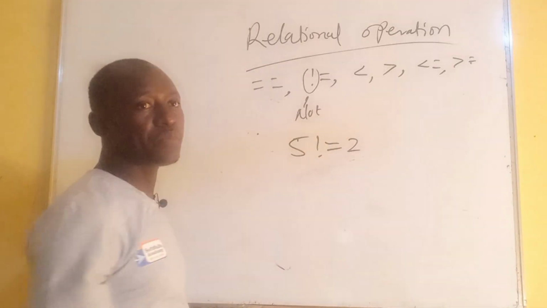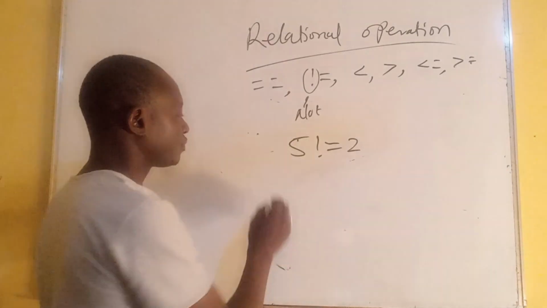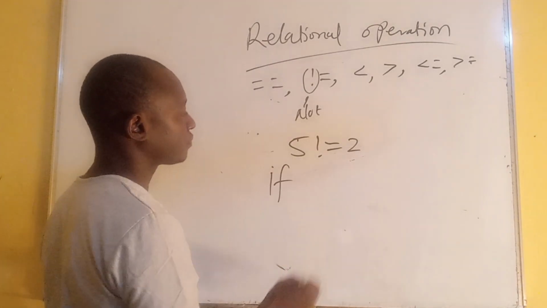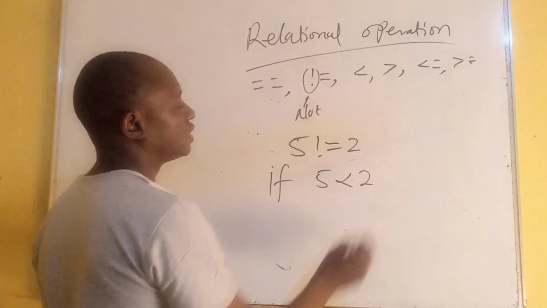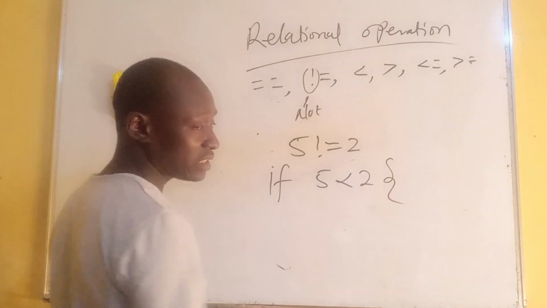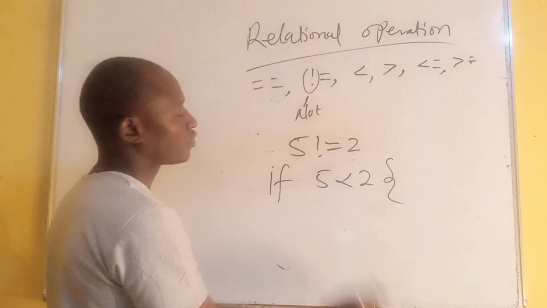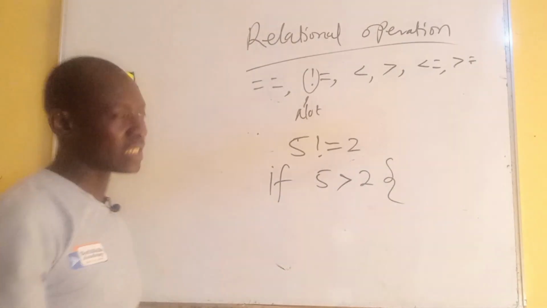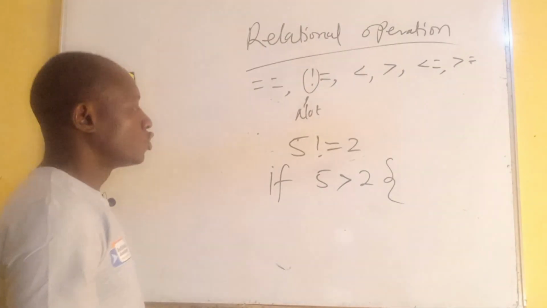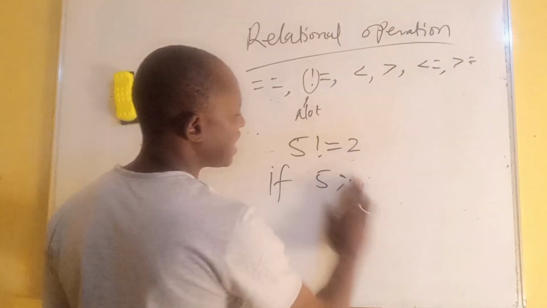This is used for comparing a less than or greater than. If assuming 5 is less than 2, there must be a statement, right? Or 5 greater than this, there must be a statement, isn't it? So again, it's used to compare.